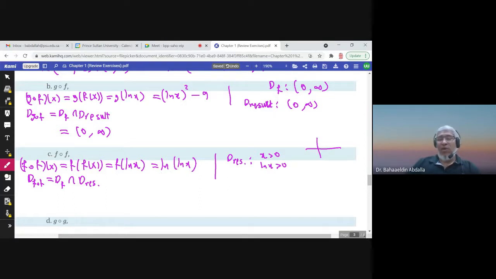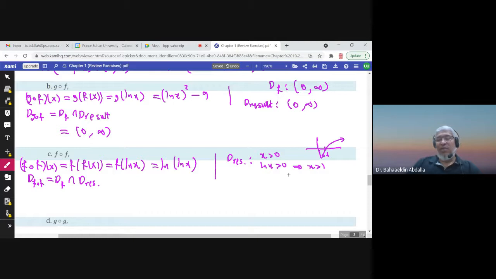Well, we know the graph of ln x. It is like this. This is the graph of ln x. For ln x to be positive, it has to start from 1. So ln x would be greater than 0 if x is greater than 1. So whenever you find ln of one half, it would be negative. ln 1 is 0, and ln 1.1 would be greater than 0.